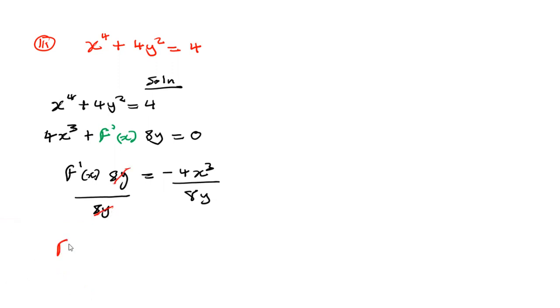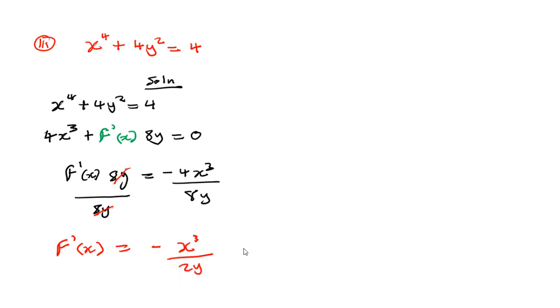So you have f prime of x is simply equal to, 4 into 4 is 1, and 4 into 8 is 2, so negative x cubed over 2y. So this is your final answer.